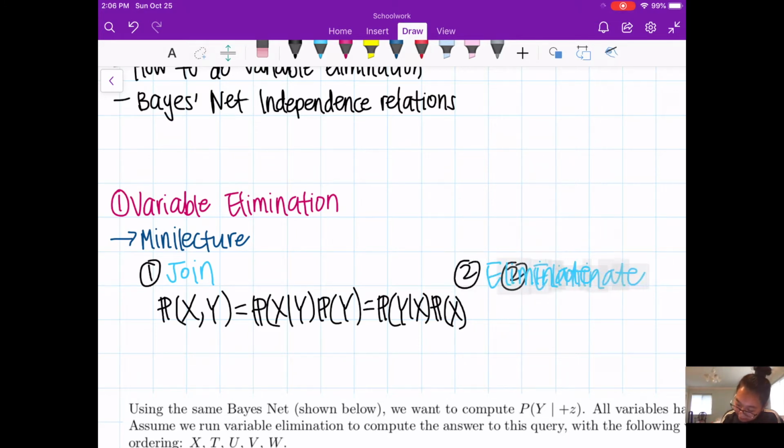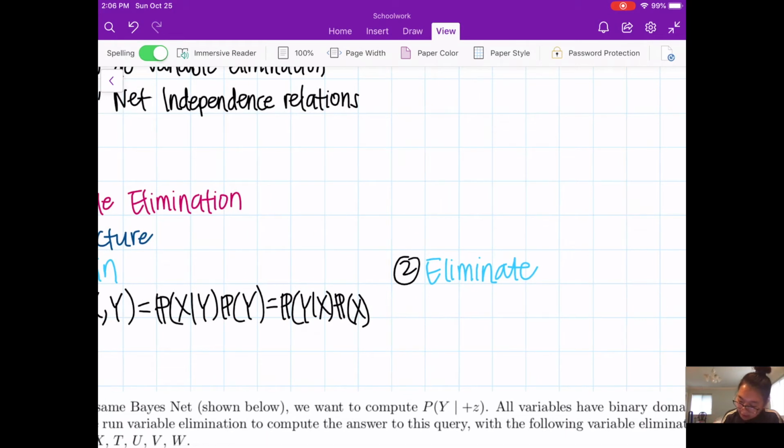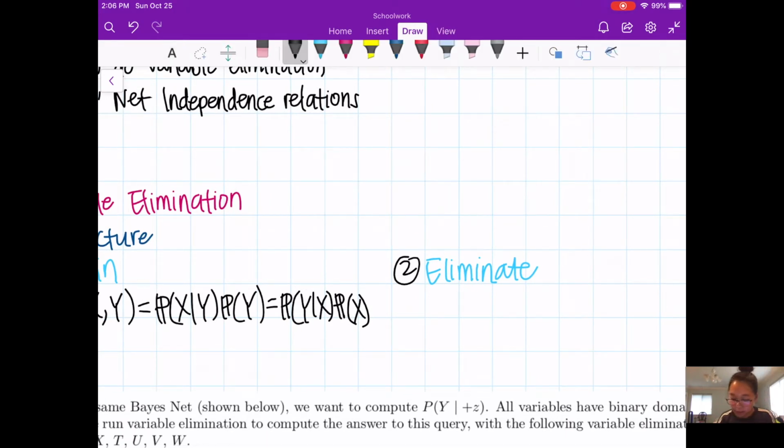And then for actually eliminating the variables, you will need a summation of some sort. And you'll specifically be summing over all the possibilities of the variable you are trying to eliminate. So an example of how that looks is, say you want the probability of x, but you have right now the probability of x and y, and you want to somehow eliminate y.